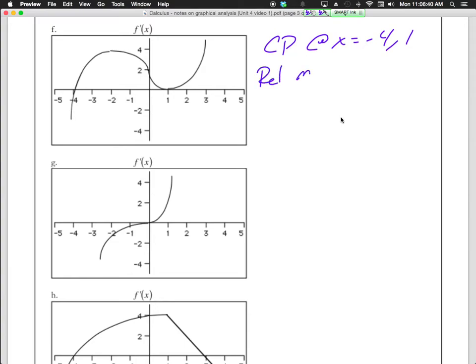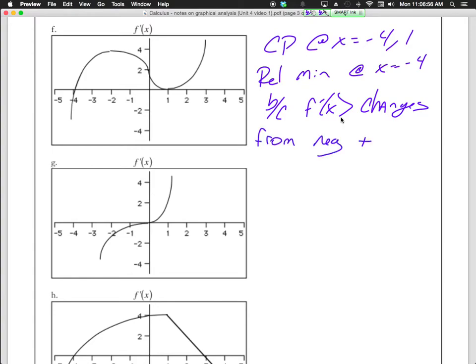Alright, so it's a relative minimum at x equals -4 because f prime of x changes from negative to positive. Nicely done.